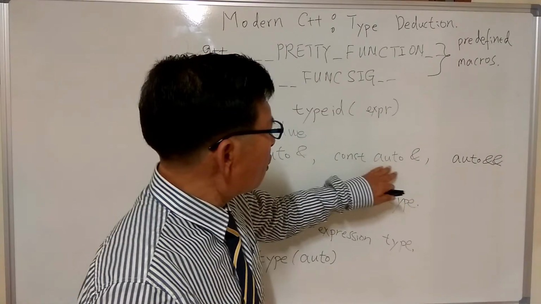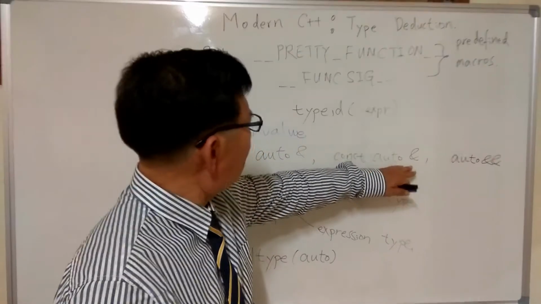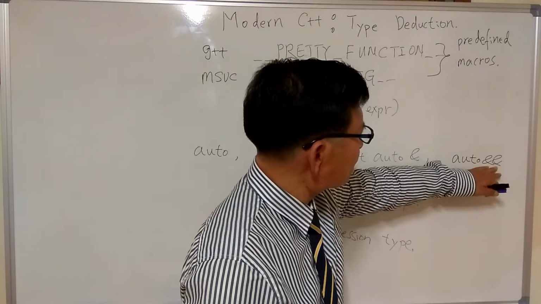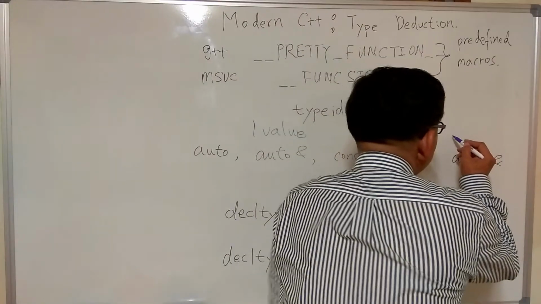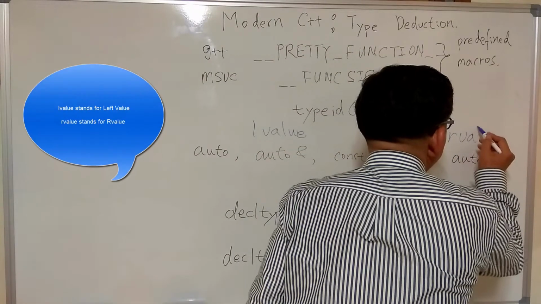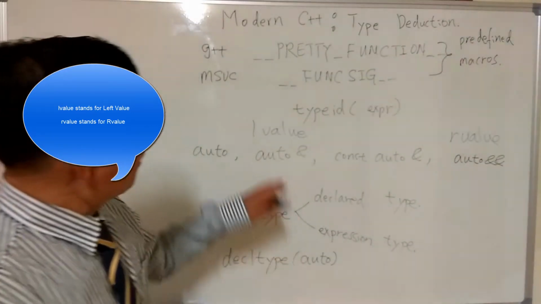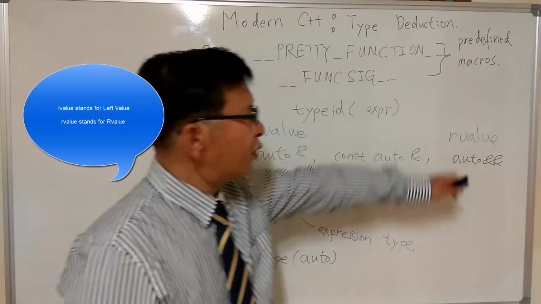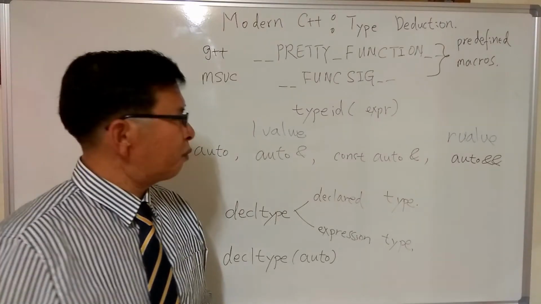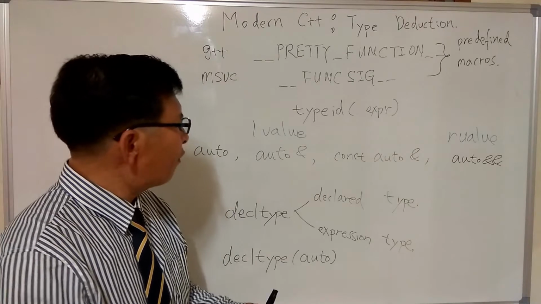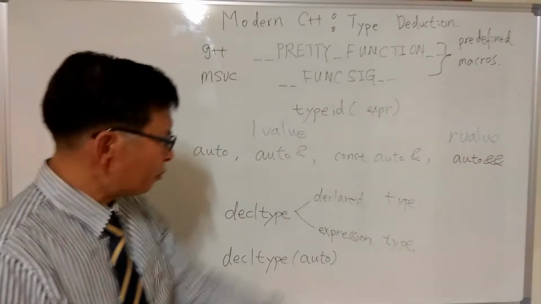And this is const auto&, also an L-value reference. This is auto&&, which is called an R-value reference. About L-value and R-value, I will give details in the next video, not in this video. In this video, I will talk briefly about L-value and R-value.